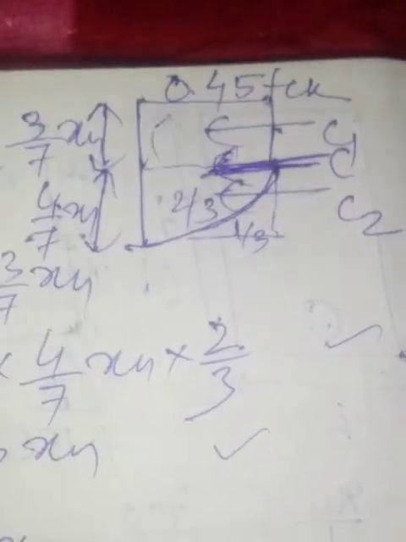Okay, this is the point at which C is acting. C is acting at this depth 0.42 Xu. This is C. C is acting at 0.42 Xu, means total depth is d.